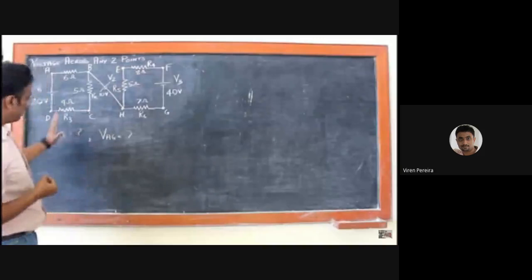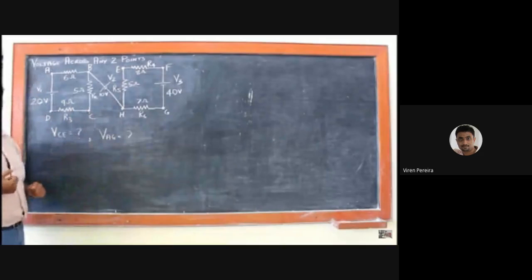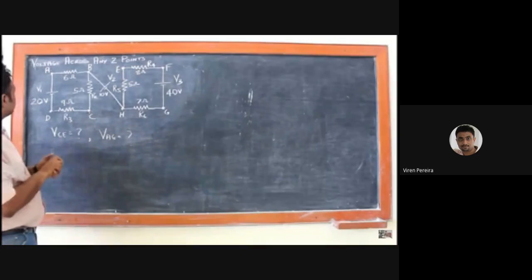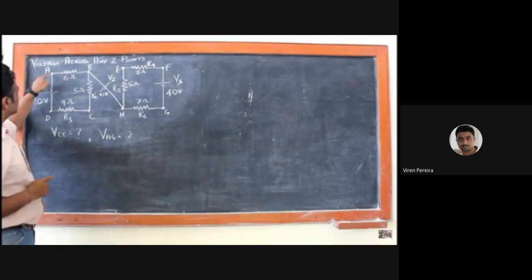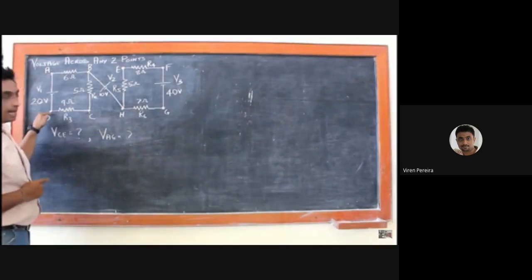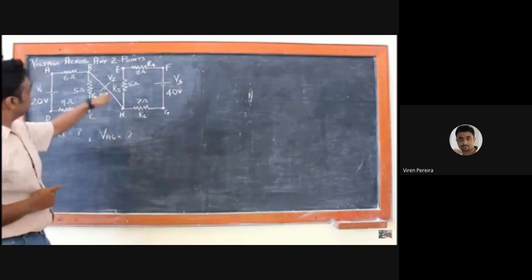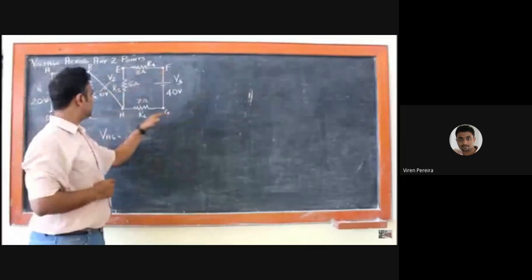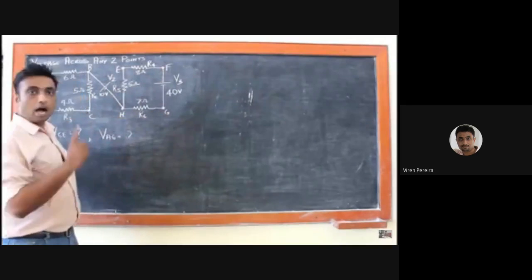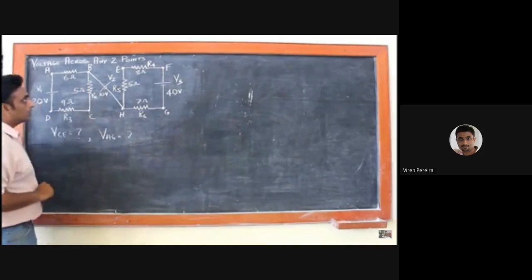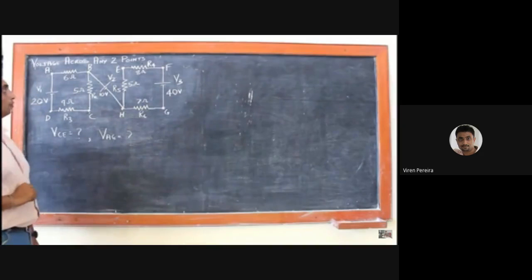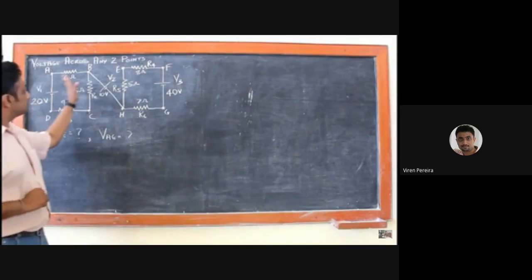In the same way, we are even going to solve this problem. Now, if you see the given circuit, you have 4 points in the circuit: A, B, C, and D. And you have another circuit named as E, F, G, and H. However, the only twist in the circuit is that there is a voltage source of 10 volts, which is separating these circuits.